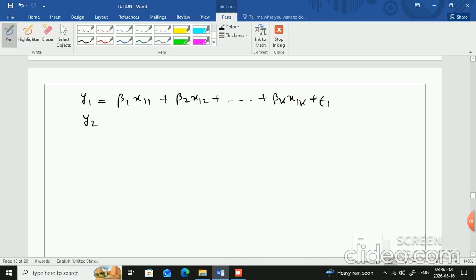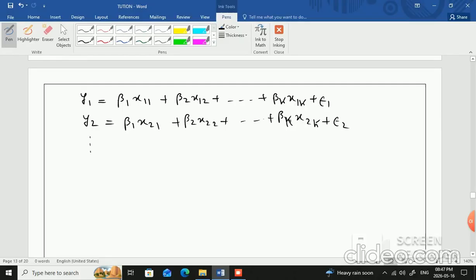Y2 will be beta 1 x21, beta 2 x22, ..., beta k x2k plus epsilon 2.